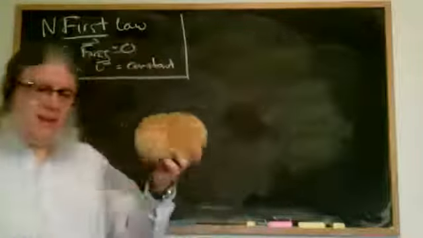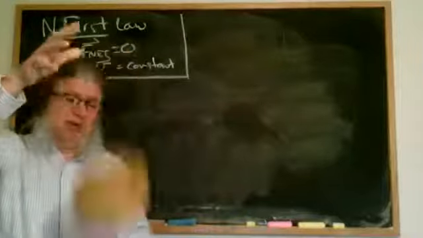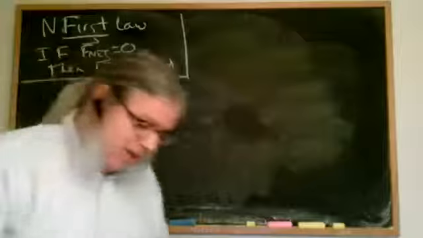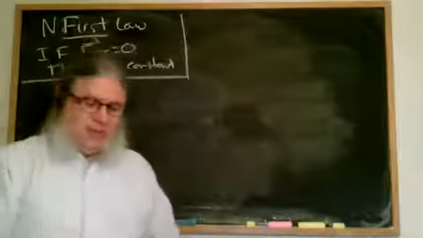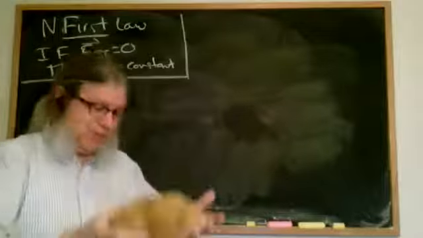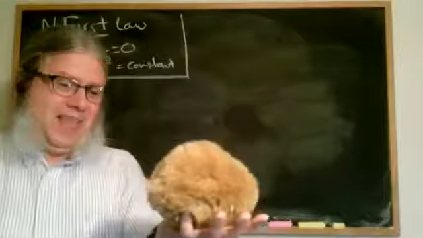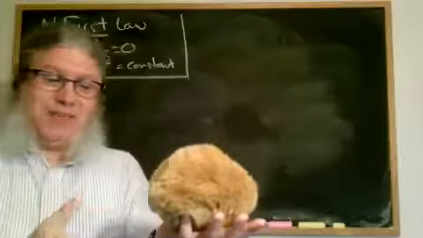So if I have an object and I let it go, it falls down. The question is, why does it fall down? If you're Aristotelian, you say the reason it falls down is because that's natural. That's what things do. They fall down until they hit something, right? So until it hits my hand, and then it stops falling because it's as far as it can go.